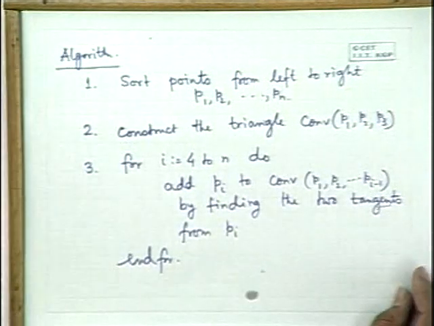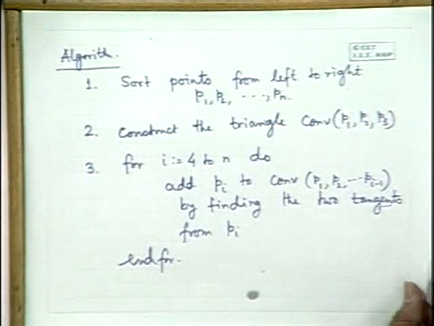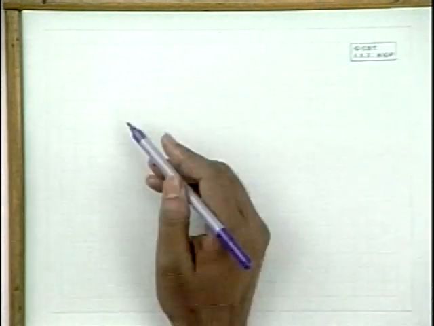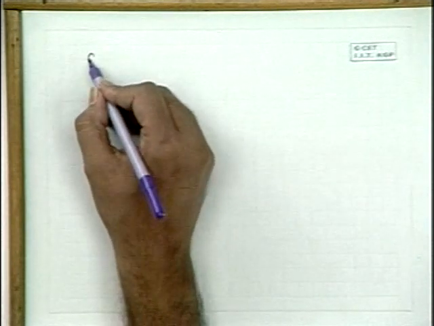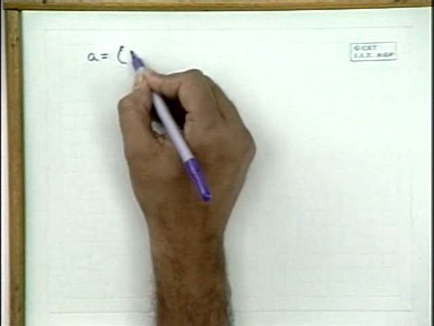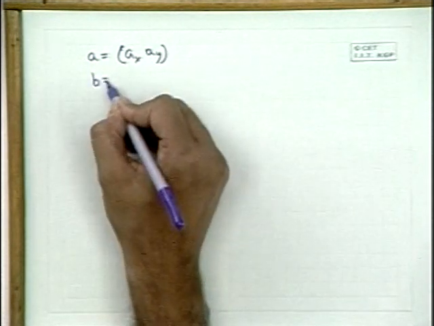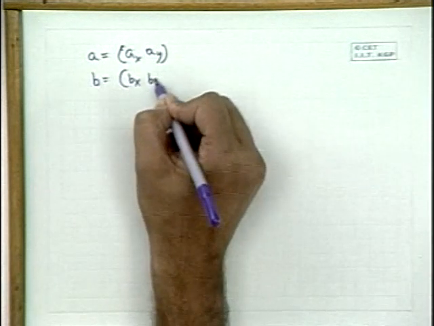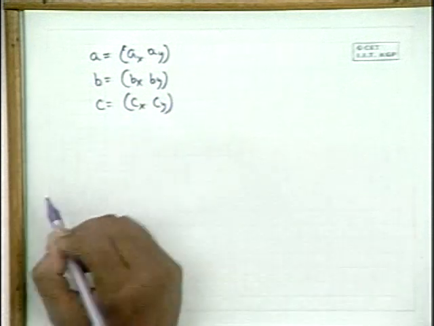So now, to tell you how to do this left turn and right turn, we compute this quantity. Suppose A, B, C are the 3 points. I am assuming A has coordinates ax, ay. There is a point B, bx, by. There is a point C, cx, cy.